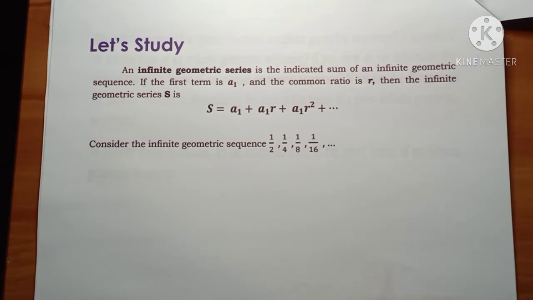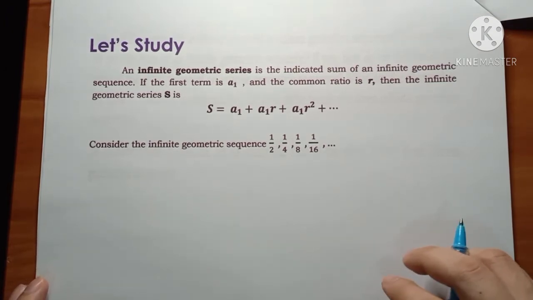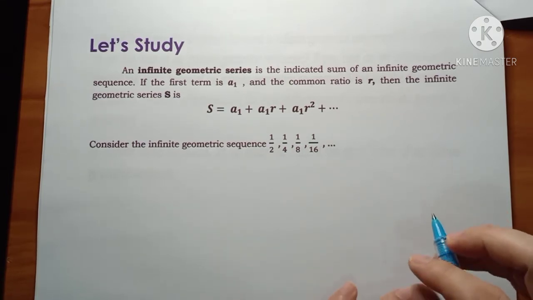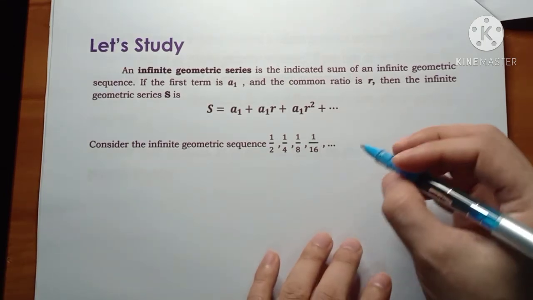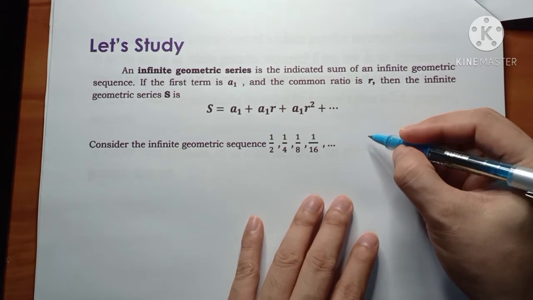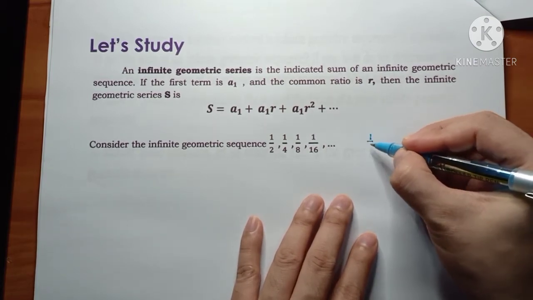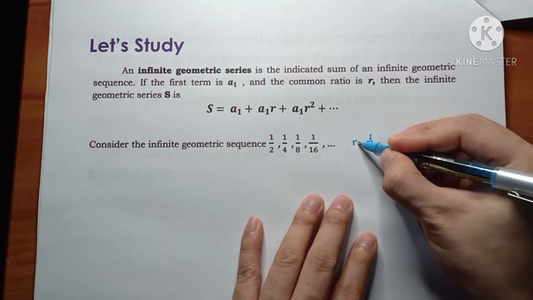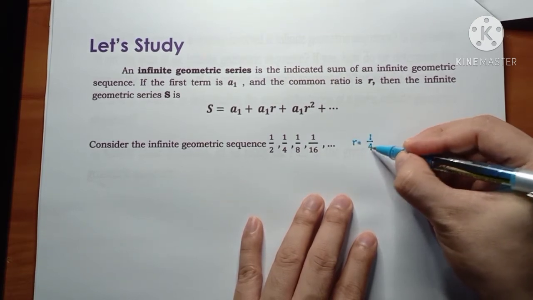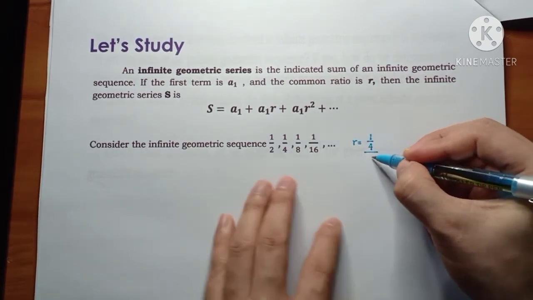So, consider natin yung infinite geometric sequence na ito. So, we have 1/2, 1/4, 1/8, and 1/16. So, alamin muna natin kung ano ang ating common ratio. So, ang ating common ratio is 1/4. So, R is equal to 1/4 divided by 1/2.